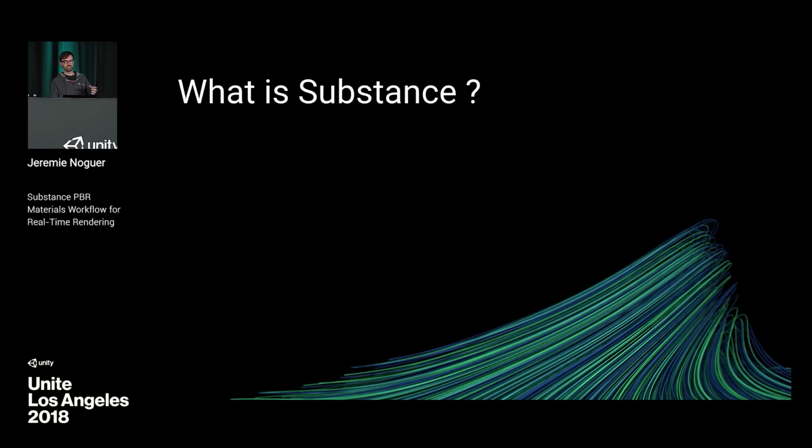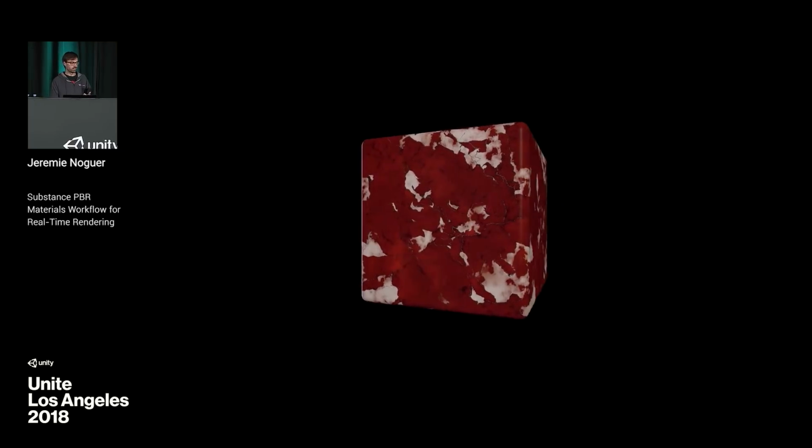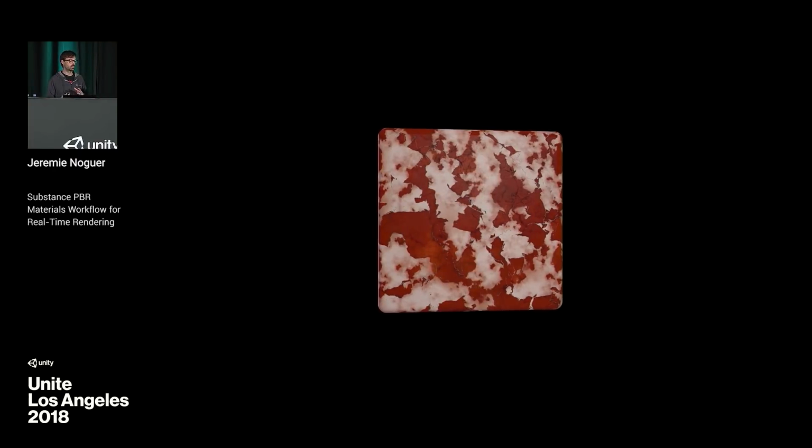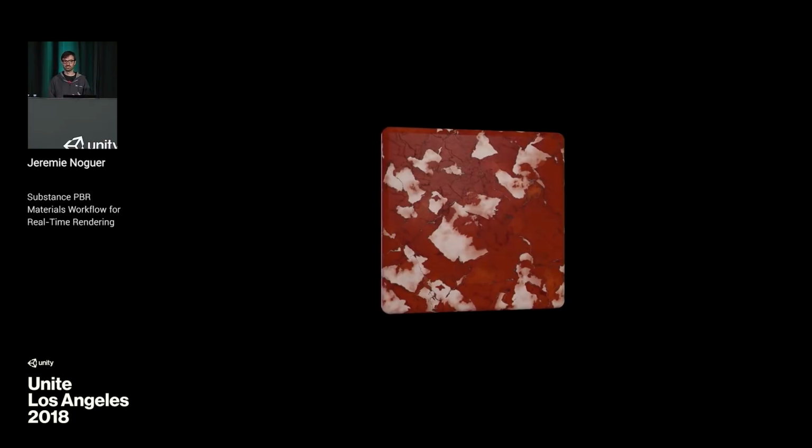So what is Substance, and why is it different from just, I would say, your regular old-school bitmap textures? One of the first elements is that a Substance is a procedural asset. And procedural assets mean that it can be randomized, customized, modified at any point in time.